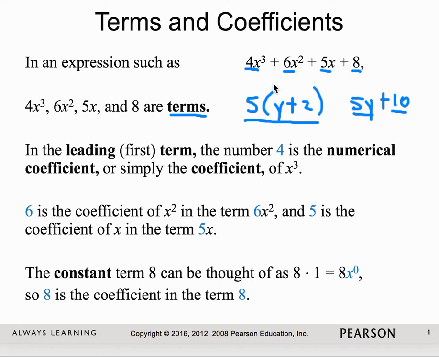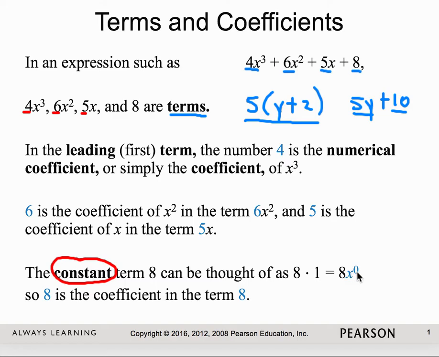Okay, so the first one is called the leading term, right? And the coefficients of the terms are just the numerical parts. So the coefficient of this term is 4, of this one 6, of this one 5. And this term here that doesn't have a variable can either be called a constant term, or it can be thought of with the variable.